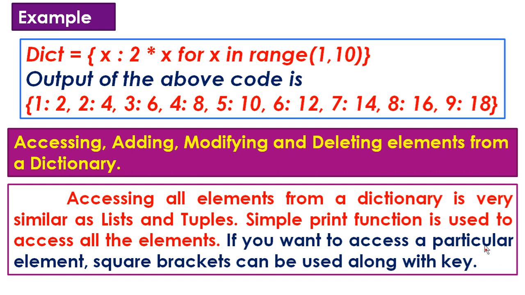If you want to access a particular element, square brackets can be used along with the key. In list and tuple, we use the index value for accessing the elements, but in the case of a dictionary, we use the key value.